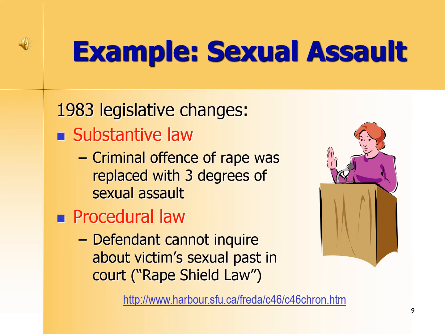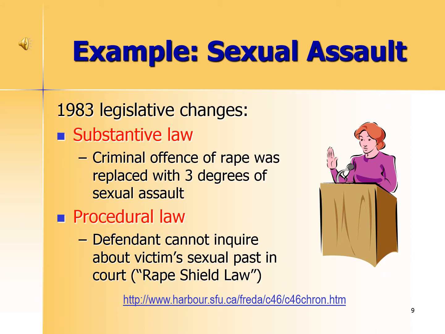With respect to substantive law, the legislative changes basically took the offense of rape and replaced it with 3 degrees of sexual assault. So the Criminal Code no longer defines sexual assault as rape. It defines it as sexual assault and breaks it into 3 different categories based on severity of the sexual assault. So that's how the legislative amendments changed the substantive aspect of this offense.